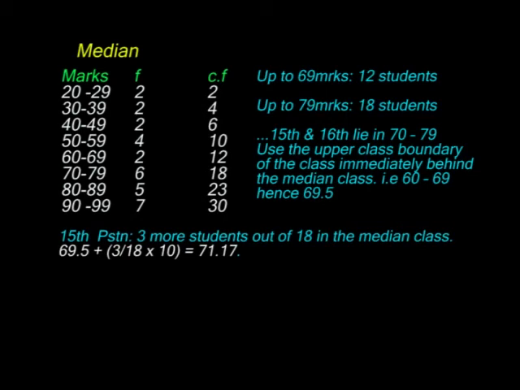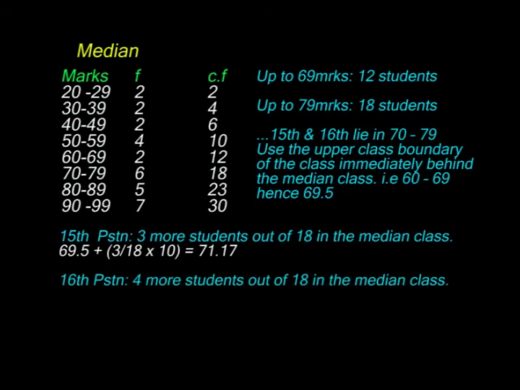Next, we consider the 16th position. Our median lies in 2 positions. To get there, we need 4 more students, that is from the class up to 69.5. We had 12 students, so to get to the 16th position, we need 4 more students, and we are getting them from the median class, which is next.